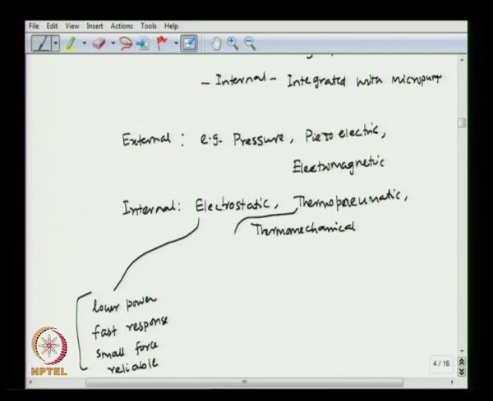Similarly, thermopneumatic has a large stroke, so the displacement volume is large, and the force that they can exert is also large. Thermomechanical will use large thermal energy, because we are talking about the expansion of part of the pump material.